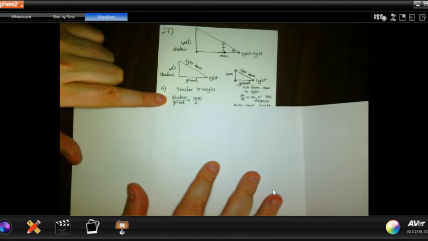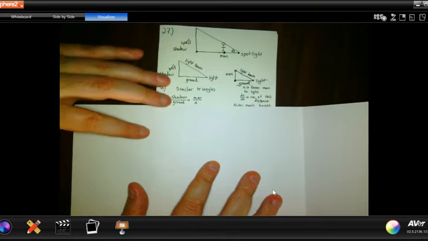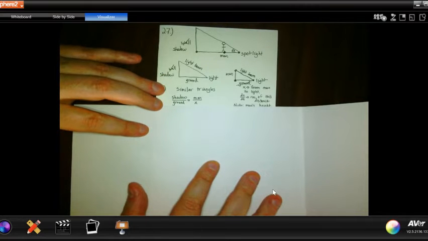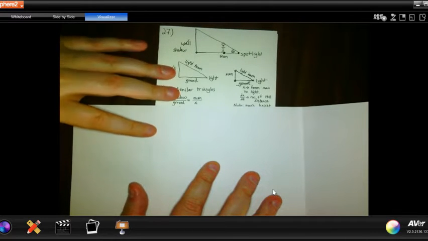The length of the shadow, shadow to ground, that horizontal, is going to be equal to the height of the man and then the distance from the man to the light. So the picture that you were given in the problem called that x. I just decided to call that x. And then we have dx/dt. dx/dt is the change of the distance between the man and the light.